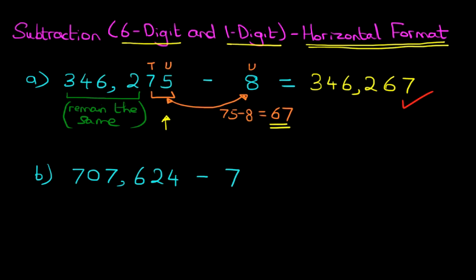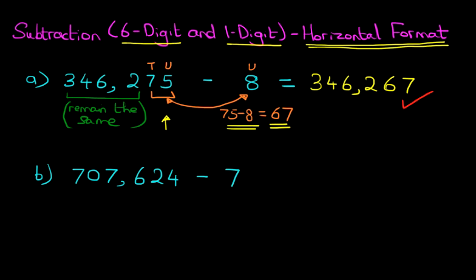It is because smaller numbers are easier to add and subtract. 75 minus 8 is easier to do rather than having to look at the whole number. 346,275 minus 8 can be a little bit confusing. So the best way is to shorten it and make the subtraction easier. Okay, on to the second example.